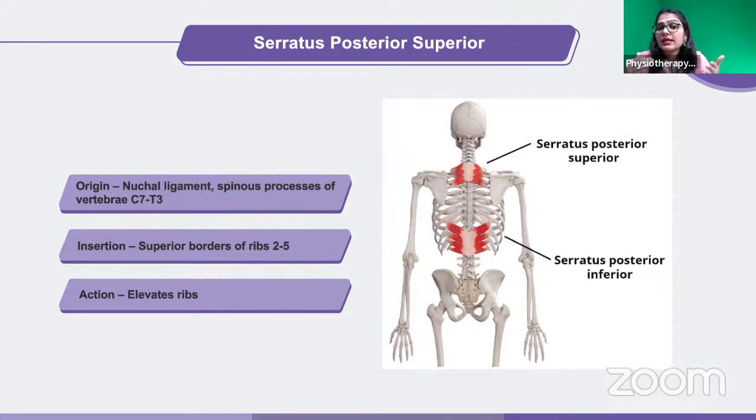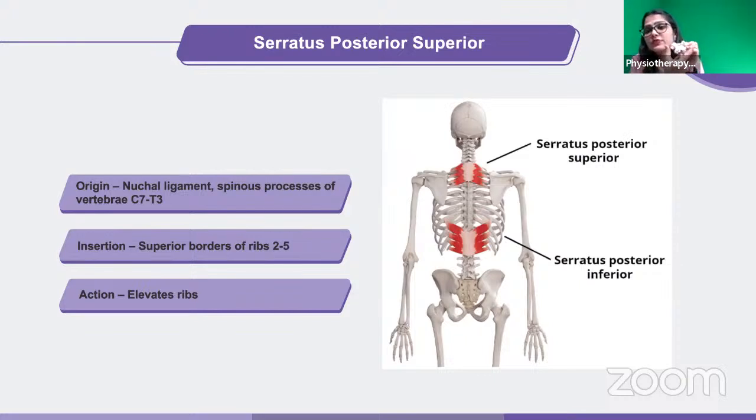So it is attached to the spinous process. I've told you, no? There are two parts. One is the transverse process. These are the transverse processes and this is the spinous process. Whatever is attached to the spinous process will purely help in extension because it is present in the midline, in the center.